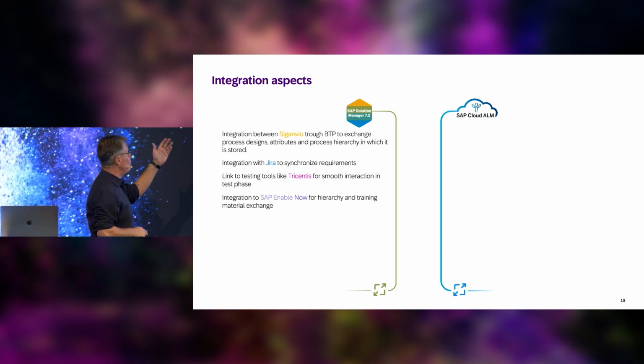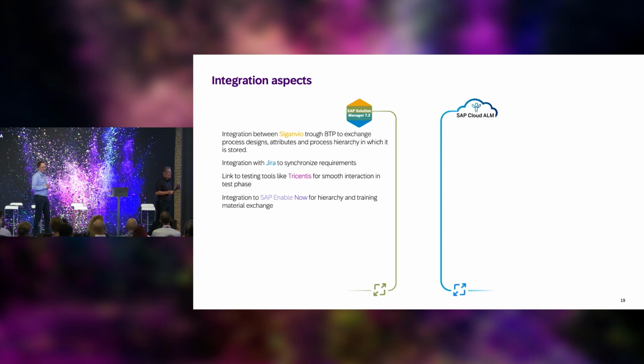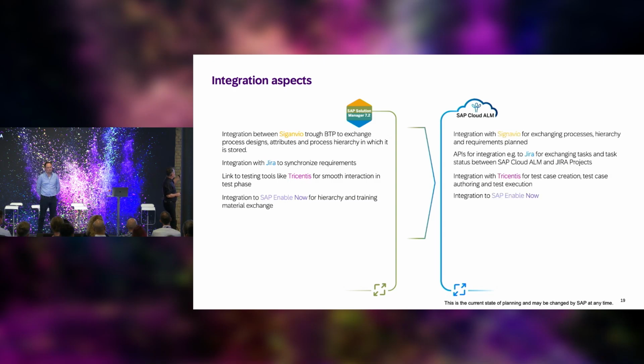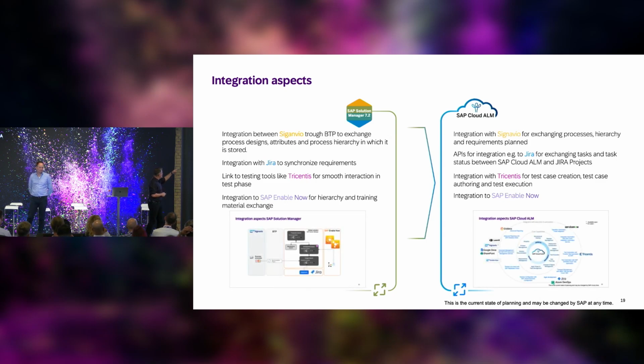So what we have on Solution Manager side, we have the integration to Signavio. And through BTP, we can bring those processes from Signavio into Solution Manager. We have a connection to Jira to synchronize requirements, which could initiate the Focus Build process requirement to deploy.